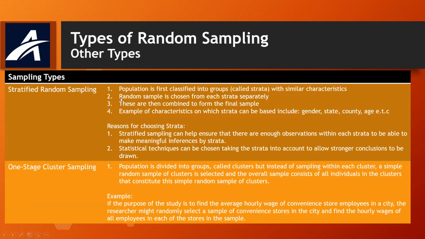We also have stratified random sampling and cluster sampling. Stratified is where we create groups, and these groups are called strata. Within these groups, we randomly pick samples separately, and then we collect each of these samples to form the final sample, and then we use this sample for study.